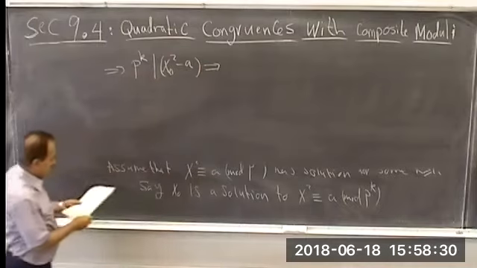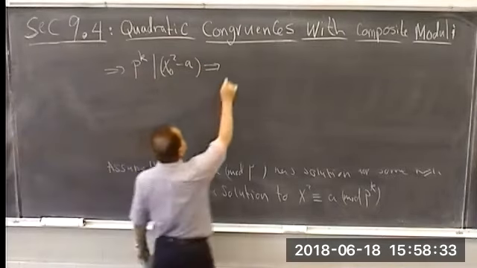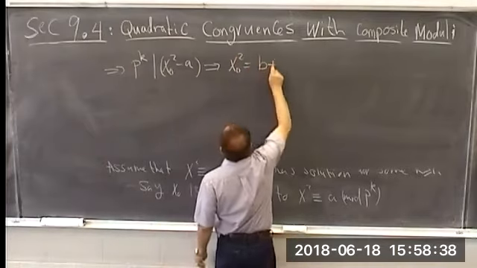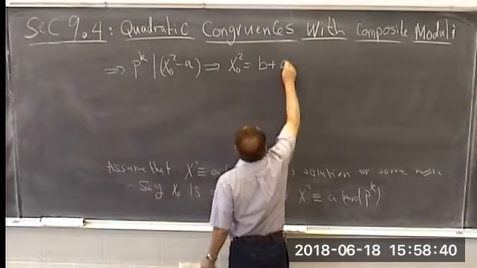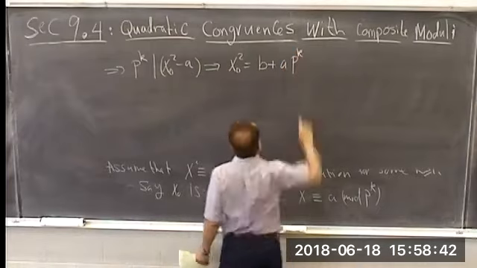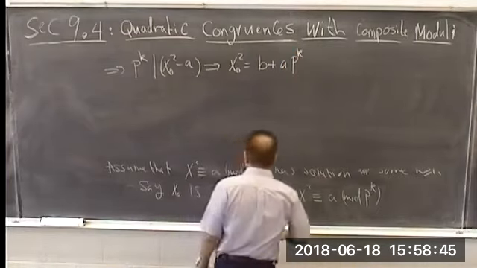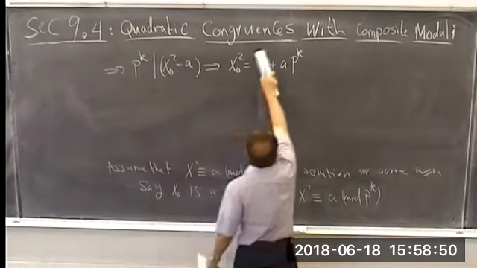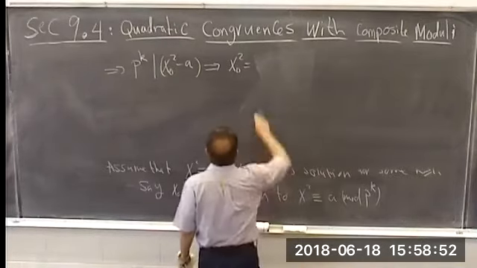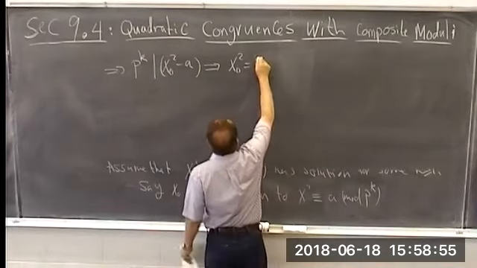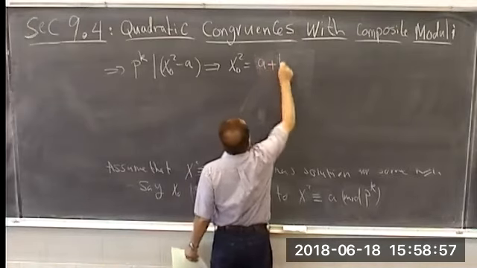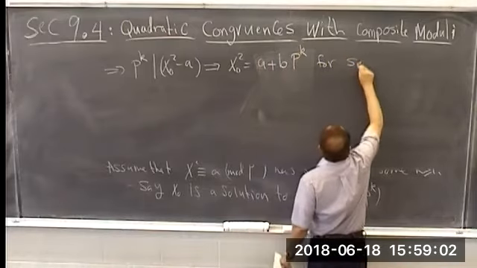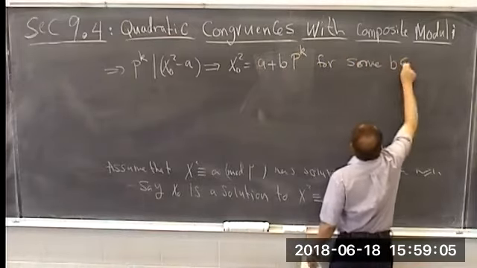And this in itself implies that x sub 0 squared can be written as a plus b p to the k, for some integer.